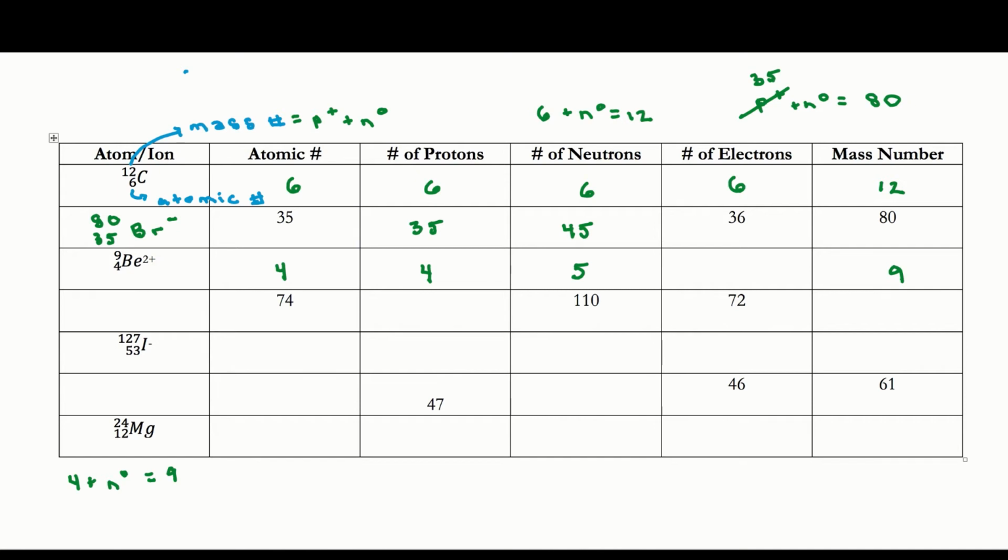Okay. Notice it has a 2 plus charge, so if it has 4 protons, that means it has 2 extra protons when compared to electrons. So it has 2 more protons than electrons. So if it has 4 protons, it must have only 2 electrons. Okay, let's look at the next problem.